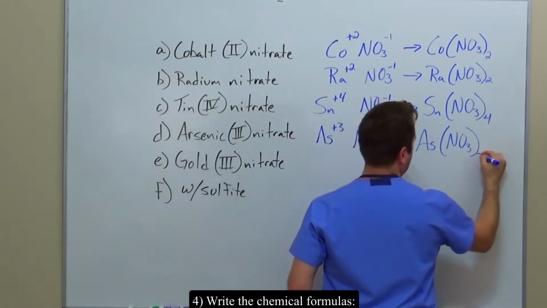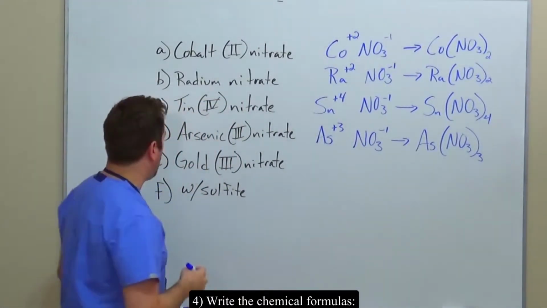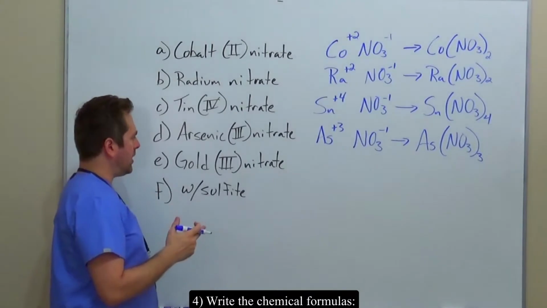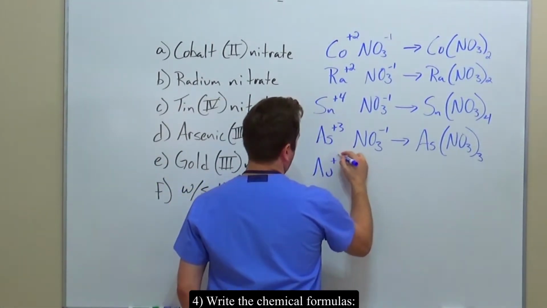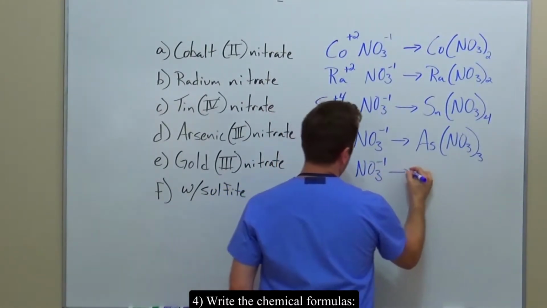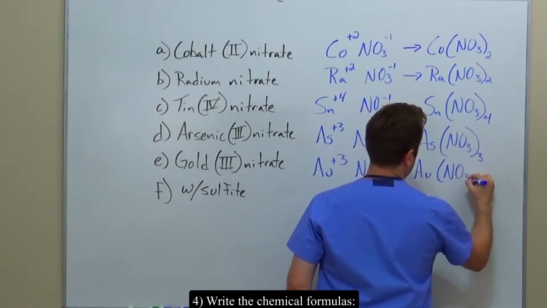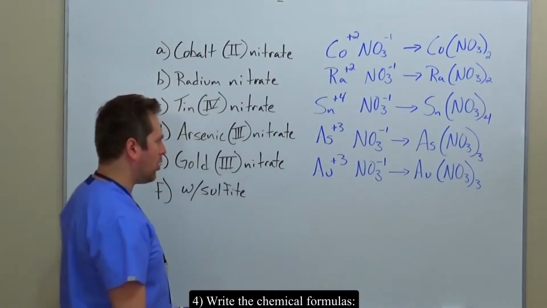Well, we need 3 nitrates to neutralize the +3 charge on the arsenic. All right, letter E, gold-3 nitrate. So here's our gold, +3. Here's our nitrate. Just the same idea. We'll use parentheses, and we need 3 nitrates to neutralize the gold.